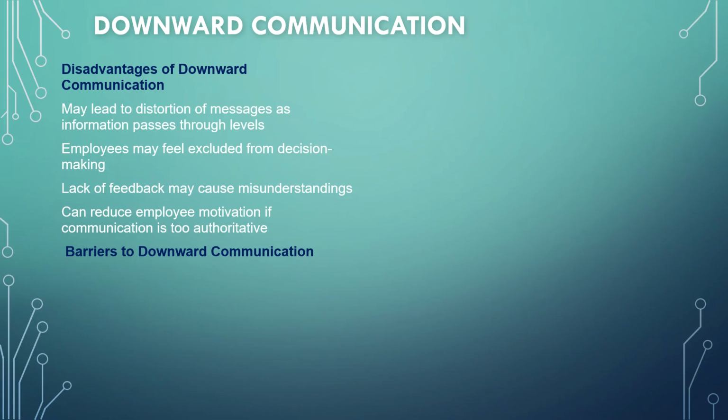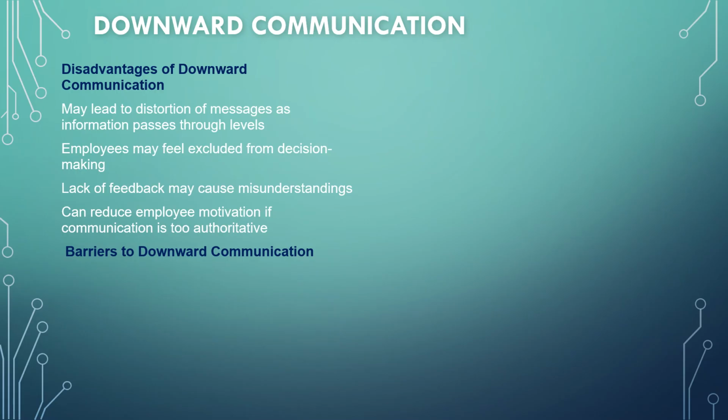Then those who are supposed to do the work may not do it with happiness in their hearts. They will end up doing things in frustration because they don't feel respected, they don't feel considered, they don't feel counted. They are doing things out of frustration. So that can reduce employee motivation if communication is too authoritative.